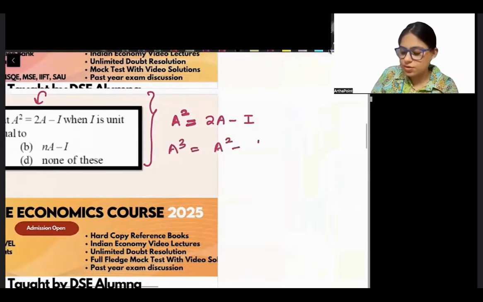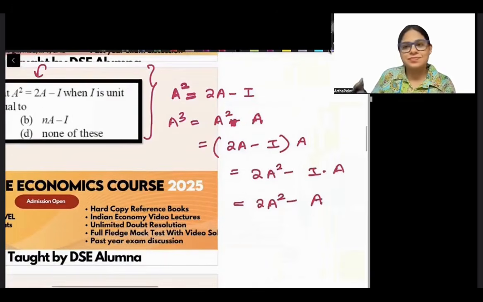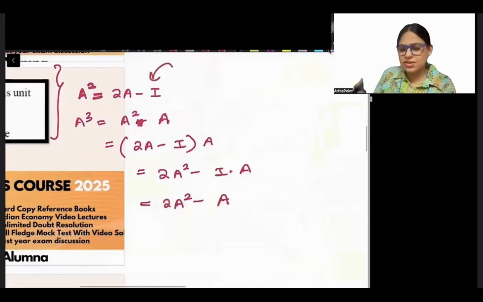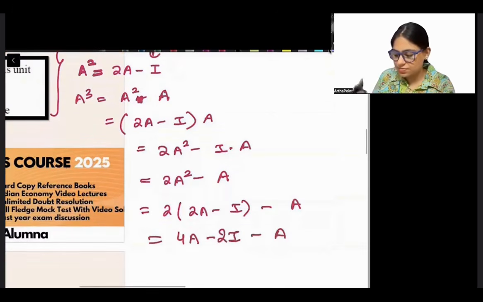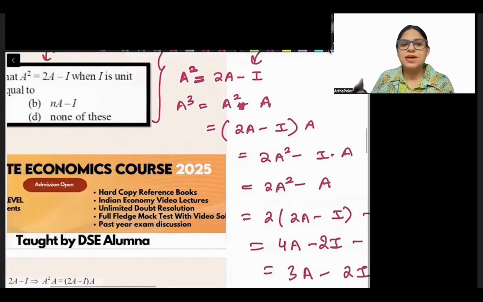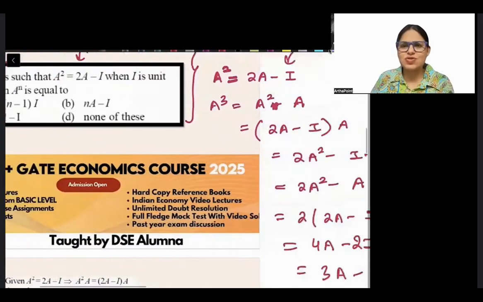A square into A. 2A minus I into A. 2A square minus I into A. 2A square minus A. A square is 2A minus I. 2A minus I minus A. 4A minus 2I minus A. 3A minus 2I. 3A minus 2I. Are we seeing some pattern as of now?